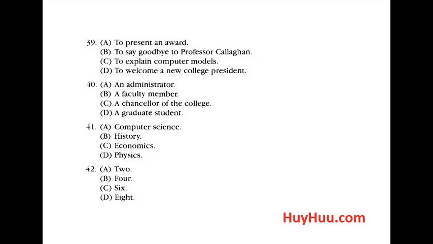Number 41. What subject does Professor Callahan probably teach? Number 42. For how many years has Professor Callahan been a teacher at Colton College?